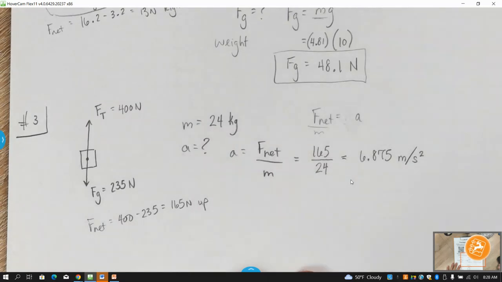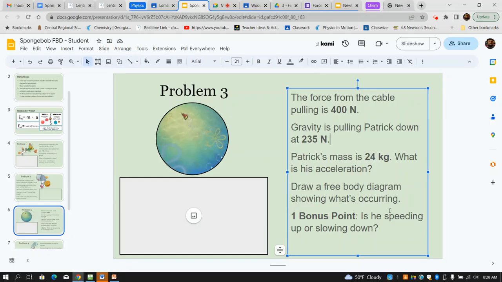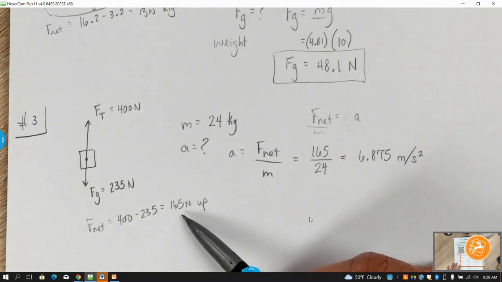And then the little bonus question was, is he speeding up or slowing down? Well, what direction is the acceleration? How do I know the acceleration's up? Because that's the direction of the net force.